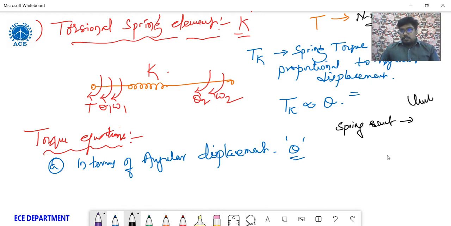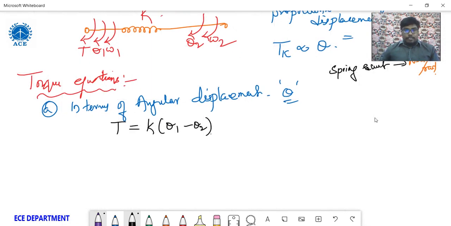Units are Newton meter per radian. Anyway, now torque is equal to, in terms of displacement I am writing here, K into theta 1 minus theta 2. If I write this one, theta into K, where theta is equal to theta 1 minus theta 2, in terms of displacement.